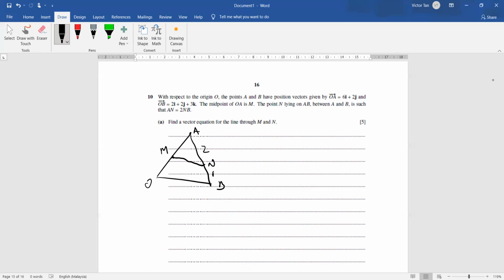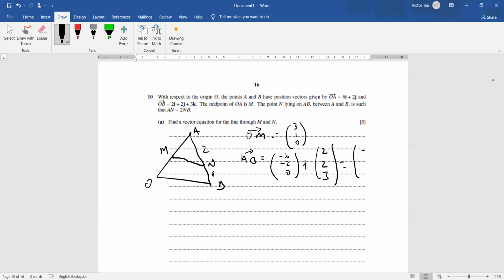Okay. So OM, I'm going to write it in column vector form. So it's half of OA, which is (3, 1, 0). So AB is AO plus OB, which is (-6, -2, 0) plus (2, 2, 3).